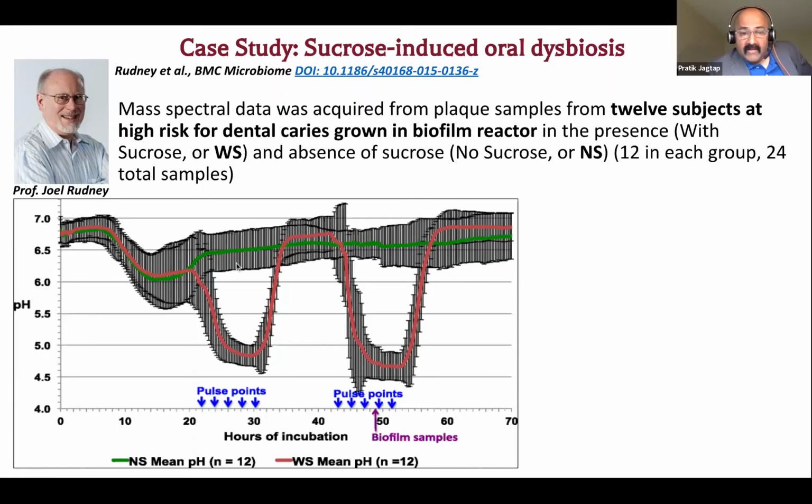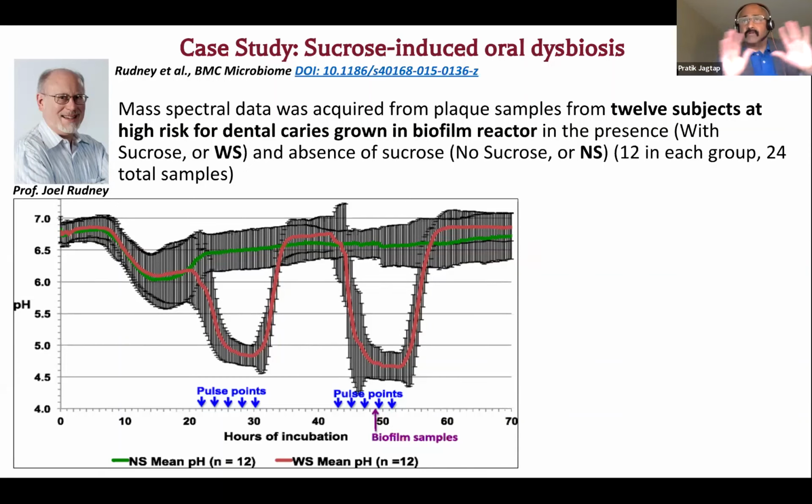The green line here shows the pH of control samples, and the red line shows the average pH of the samples wherein sucrose was added. As you can see, sucrose is added at 2 points, and then samples were collected at almost the 50-hour time point.